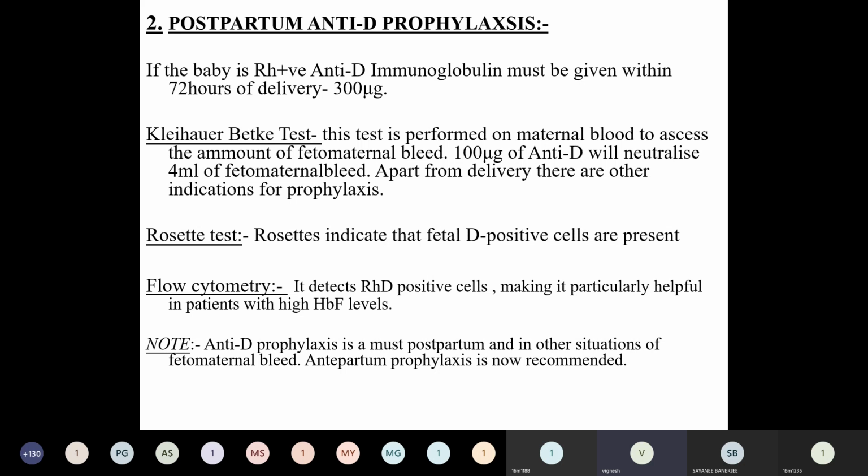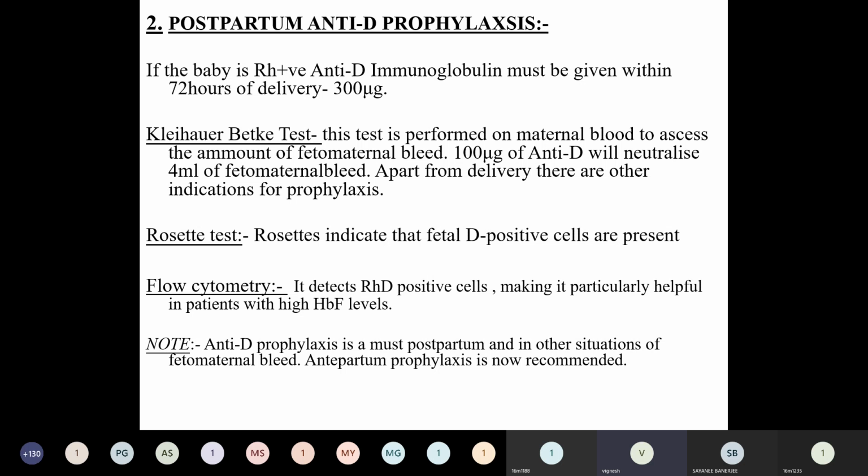So apart from delivery, as I told you, there are other indications for antenatal prophylaxis. I've already told you the list. The Rosette test indicates that fetal D positive cells are present. Flow cytometry is the best. It detects the Rh positive cells, making it particularly helpful in patients with high fetal hemoglobin levels.